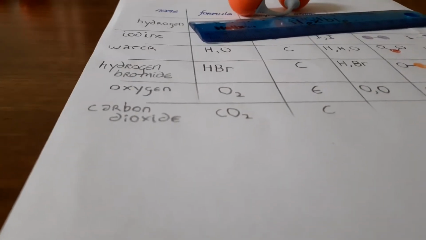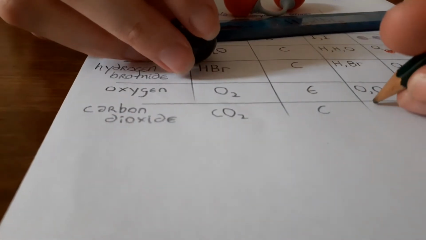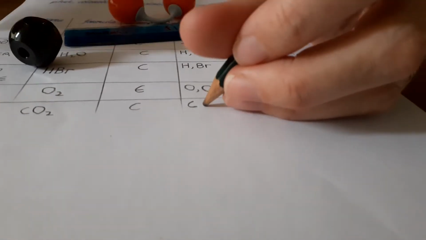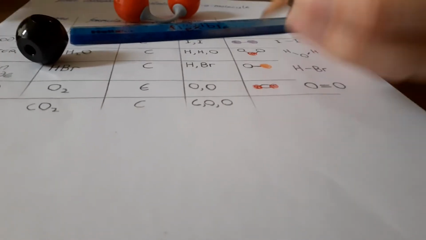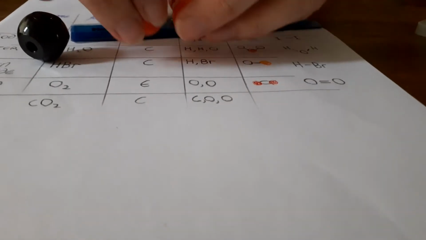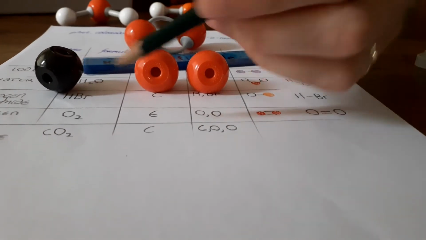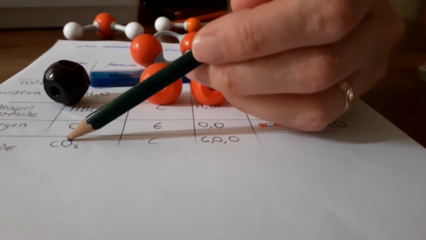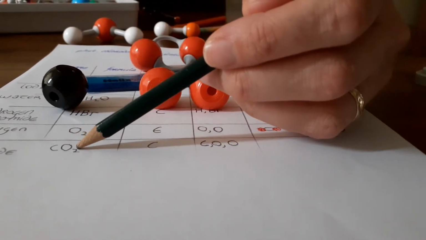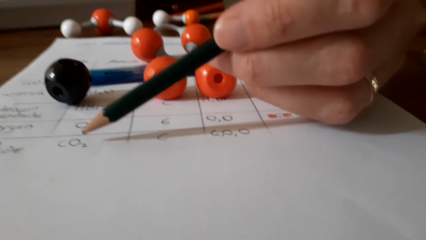So which atoms are involved? C. O. O, because it's O2. So we need two oxygens. That little number only refers to the atom immediately before it. It's called a subscript, is the proper name for it, not a little number.